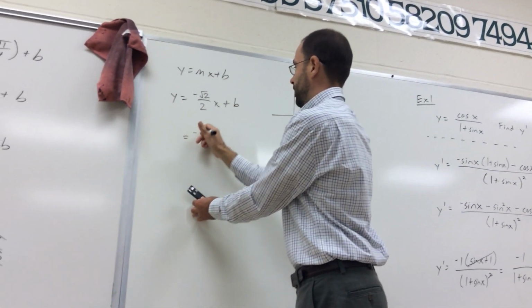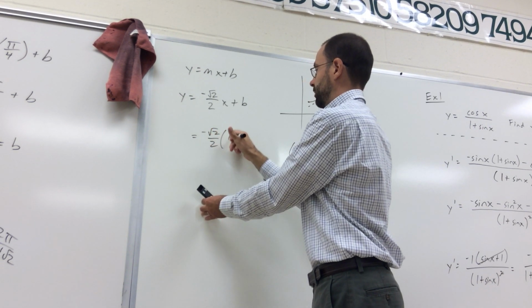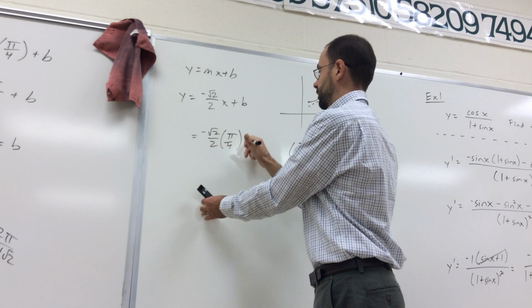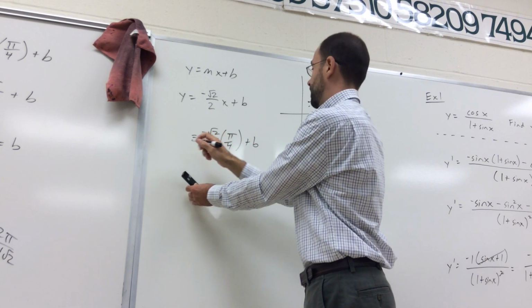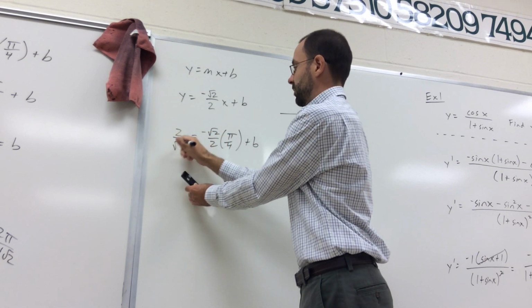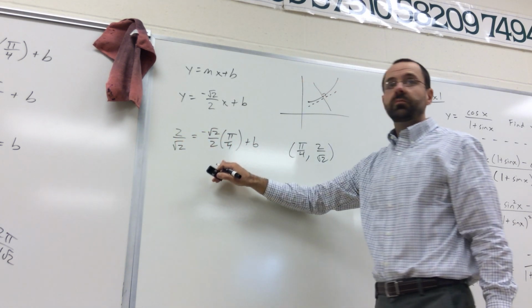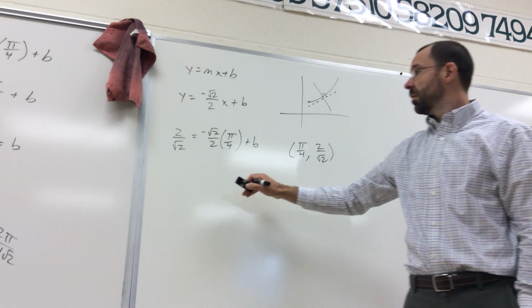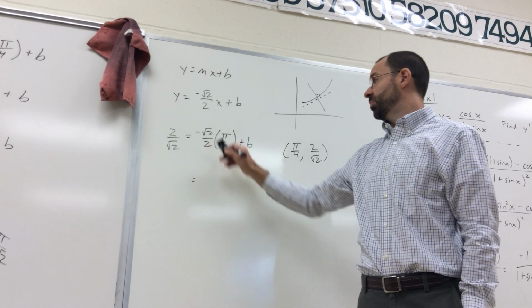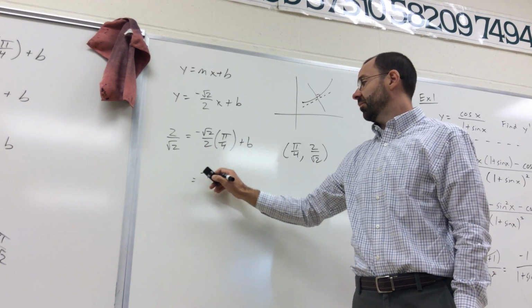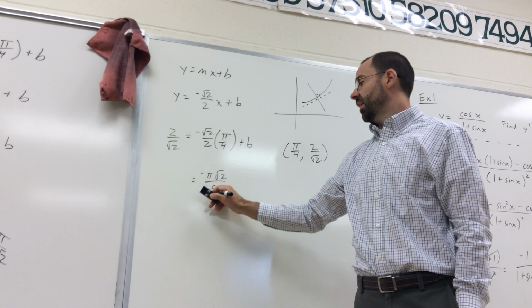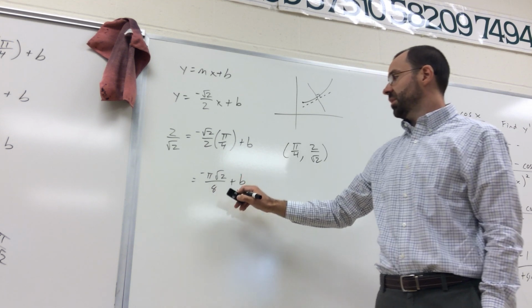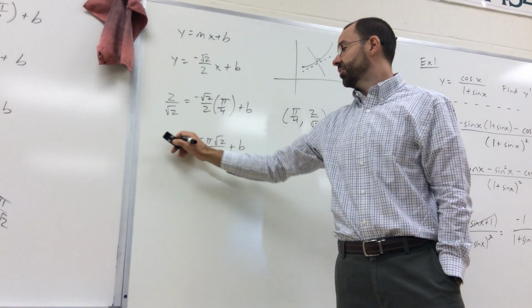So if I plug in pi over 4, it is supposed to spit out 2 over root 2. Okay, so then multiplying across, that's negative pi root 2 over 8 plus b equals 2 over root 2.